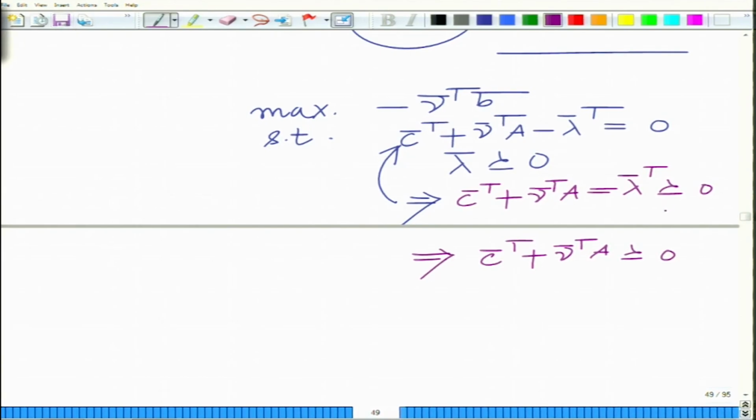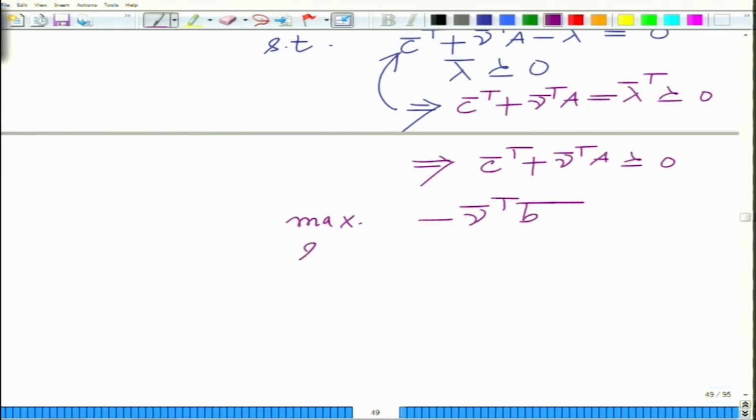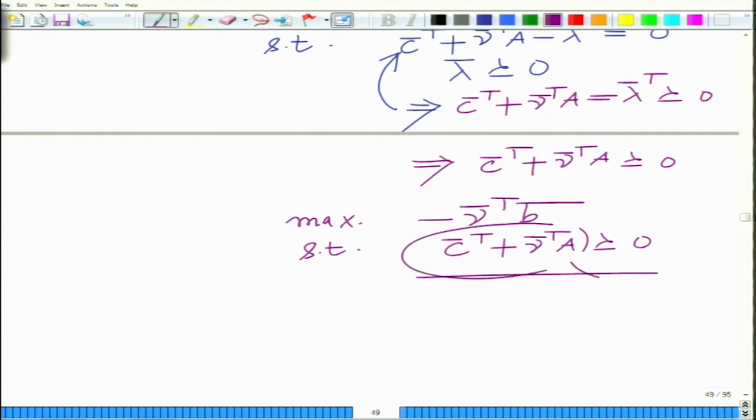Therefore, you can simplify this optimization problem as simply this: maximize minus nu bar transpose B bar subject to the constraint that C bar transpose plus nu bar transpose A is component wise greater than or equal to 0. That is it. Once you obtain this quantity, you can set it equal to lambda bar transpose.